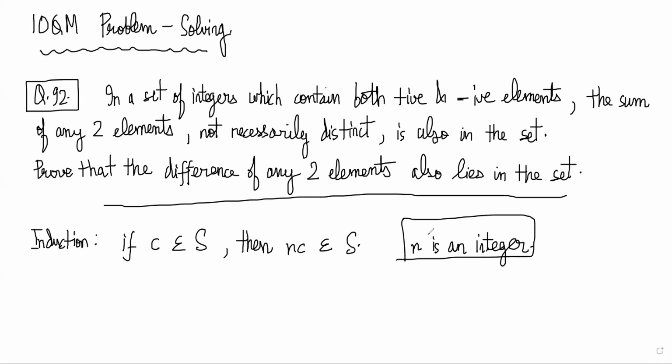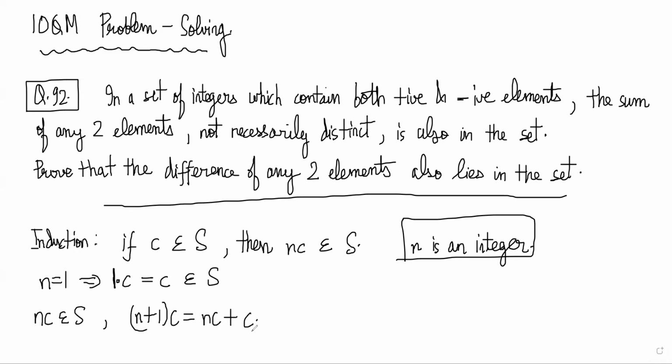How do we do this? We can do a simple induction. Base case: assume C is in the set. So if n is equal to 1, it automatically implies nC, which is 1 times C, is equal to C, and belongs to S. Now, for the induction step, assume nC belongs to the set. Then n plus 1 times C is equal to nC plus C. And we already know that nC belongs to the set and C belongs to the set.